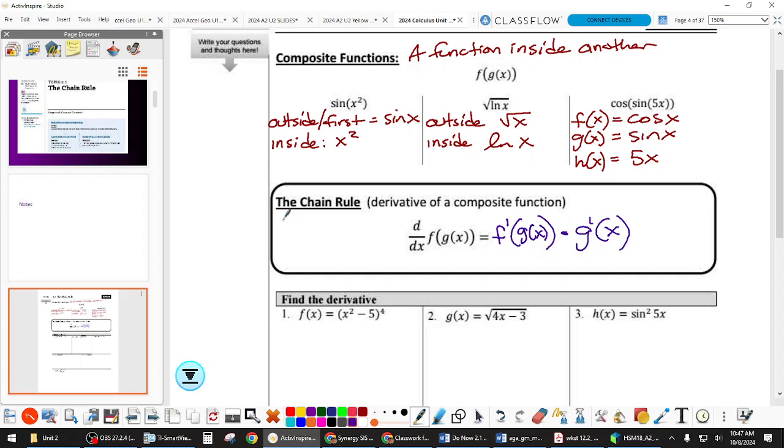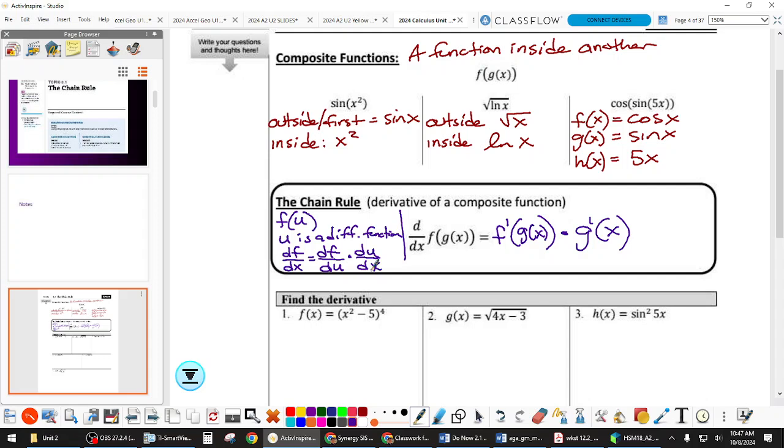So f of u, you're going to see this idea of u substitution. We've already seen u used as well. And then u is a differentiable function. So we're going to have df dx is df du times du dx.